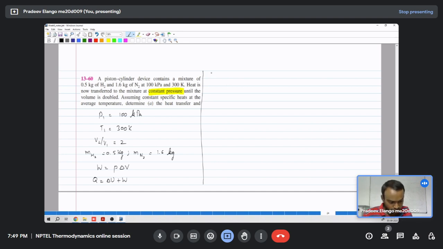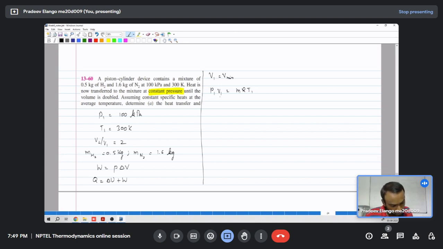So we can calculate the R of the mixture, where V1 equals V mix. For this we need P1 V1 equal to M R T1, and here R is R of the mixture and M is the mass of the mixture.